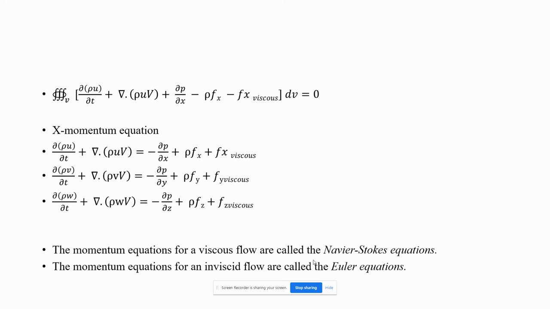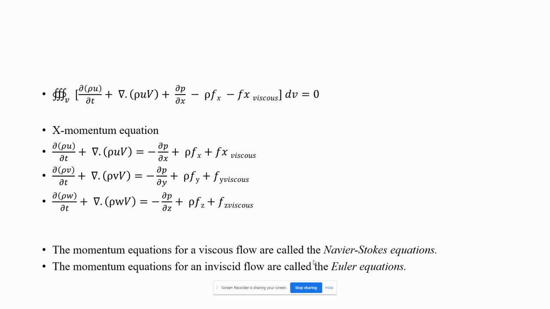The rho fx is the body force, and minus dou p by dou x is the pressure gradient, which causes the motion of the flow. Dou rho u by dou t is the local component of momentum, and del dot rho u V is the convective component. Similarly, we can write for the y and z directions, as shown here.